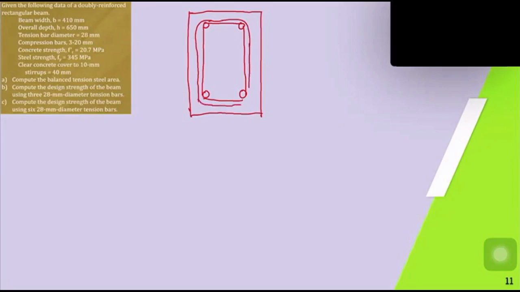So again, this is 410 mm. The total depth is 650. The clear cover, from the stirrups, is 40.